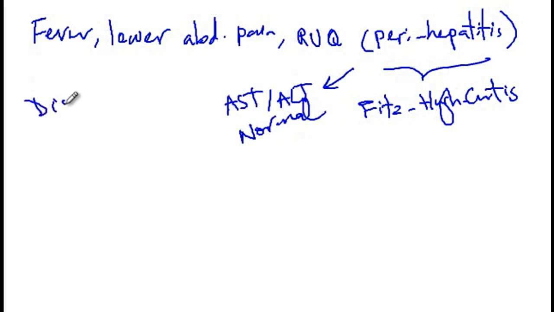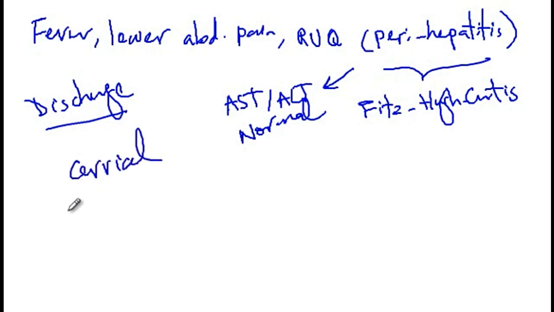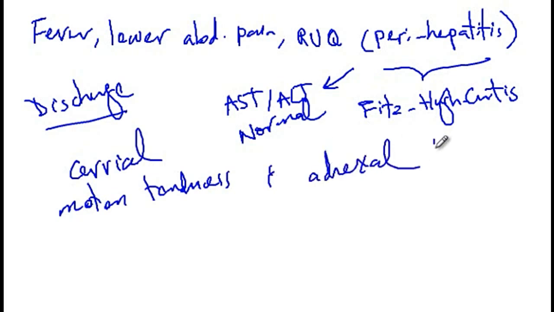In addition, these patients will present with a discharge. As I discussed earlier, with the chlamydia, it's a mucopurulent discharge, while with gonorrhea, it's a purulent discharge. And then finally, they can also present with a cervical motion tenderness and adnexal tenderness.